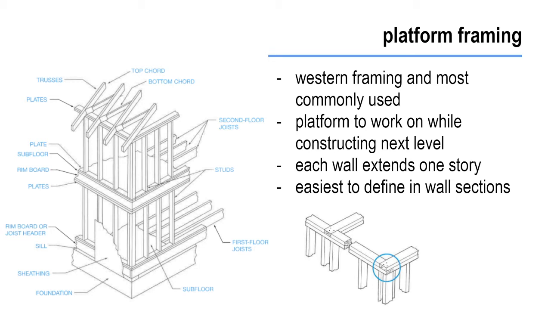Upper floors rest on top of the top plate of the walls beneath, and the framing members of the upper floors or roof are positioned over these studs of the walls that support them. Platform framing is really easy to notice and see in a wall section, because you can see that these studs extend only from one floor to the next one.